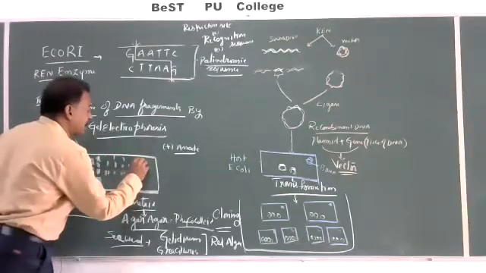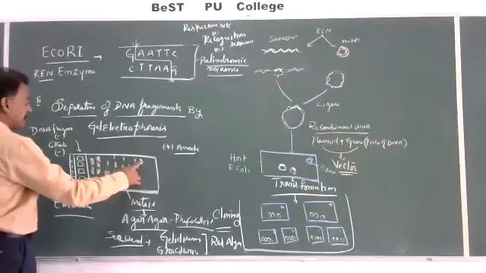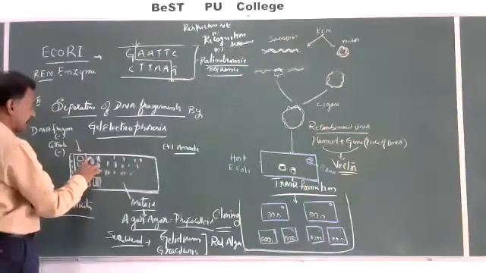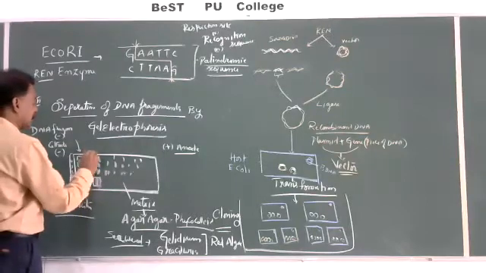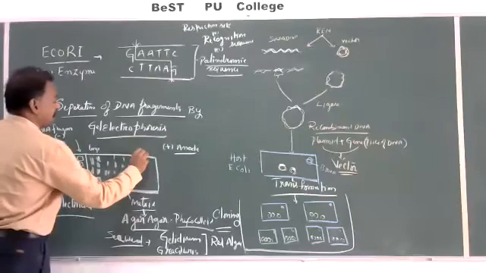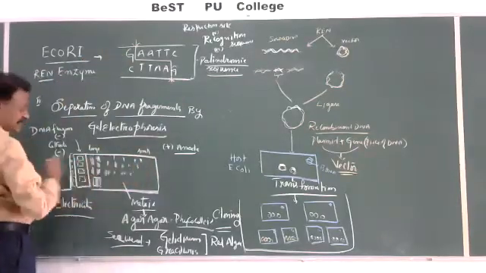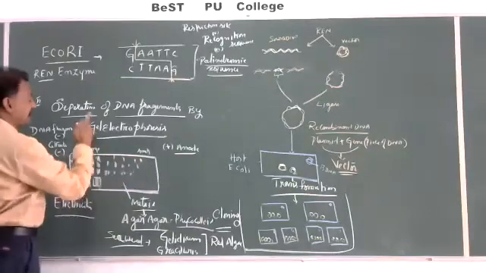Small DNA fragments will be far away from the well. Large DNA fragments are near the well. So larger, near, smaller, farther. So this is separation of fragments.